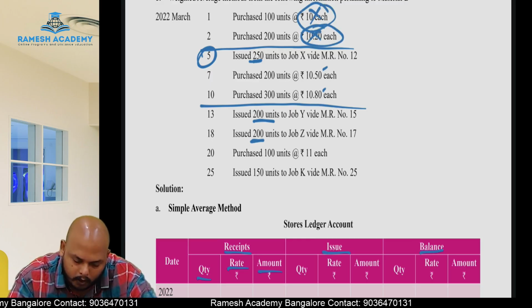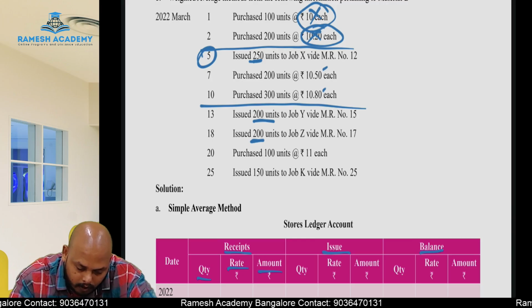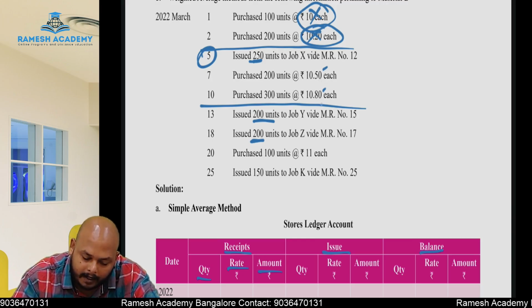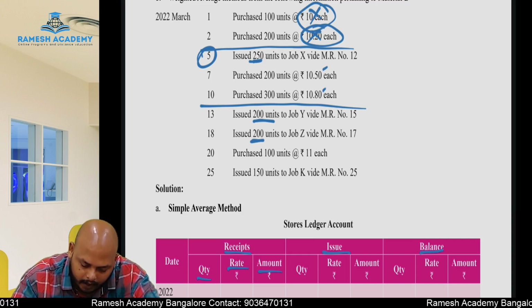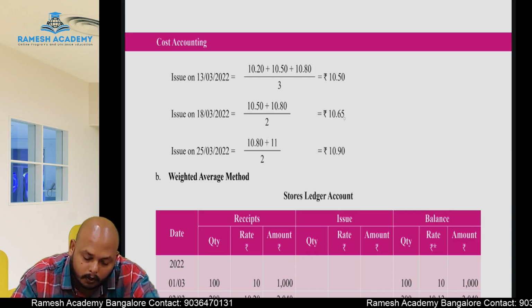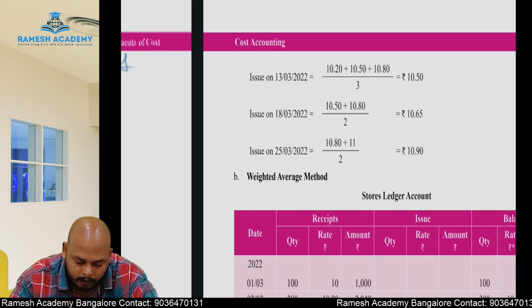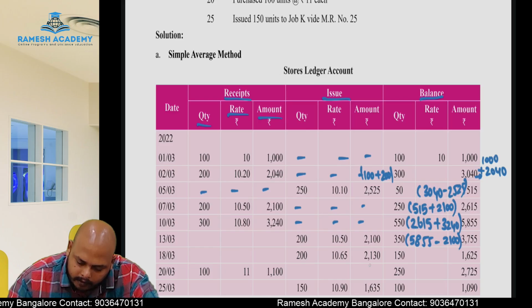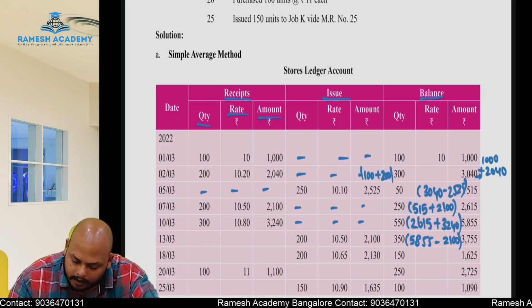Next, what is left? 10.5 and 10.8 only. So what will be the issue price? 10.5 plus 10.8 by 2. The issue price will be 10.65. 200 into 10.65 is 2130. 3755 minus 2130 is nothing but 1625. 350 minus 200, 150.